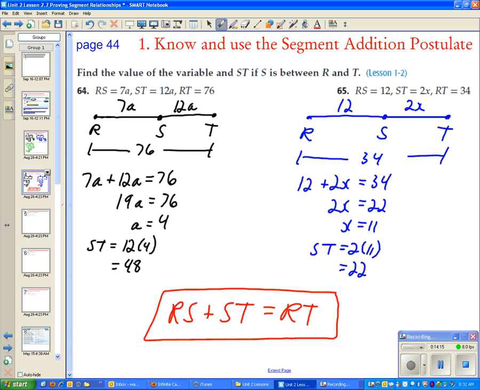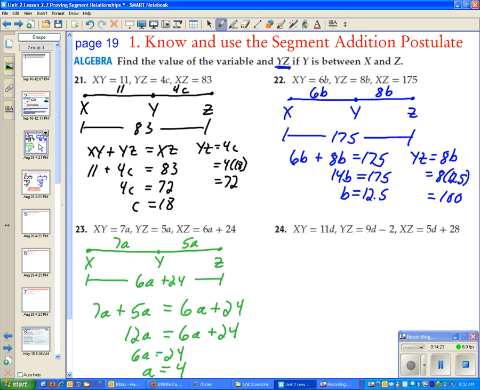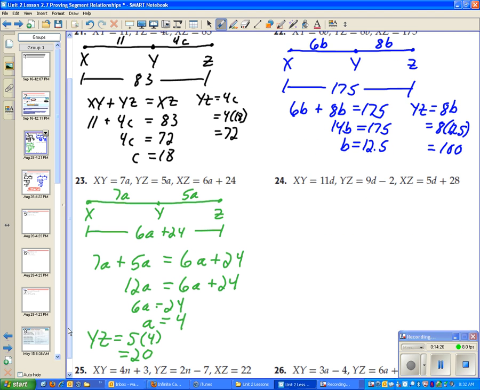We add the length of RS and the length of ST because we know what the result is. Sometimes we know it as a number, like in these two. Sometimes we know it as an expression, like we did there in 23. But in all these cases, by using the segment addition postulate, you can add together the lengths of the smaller segments because you know the result is the length of the whole segment.